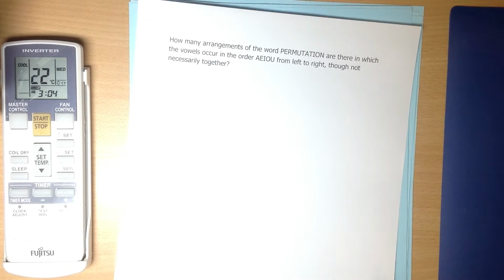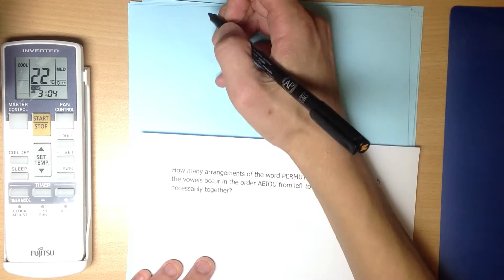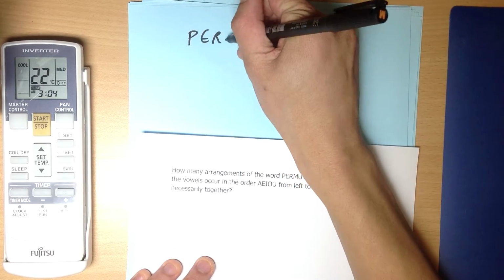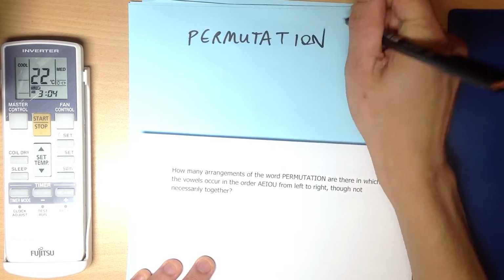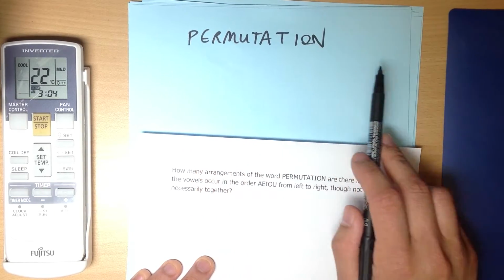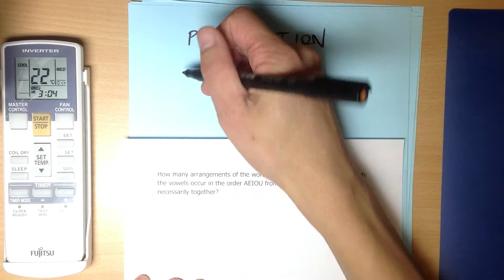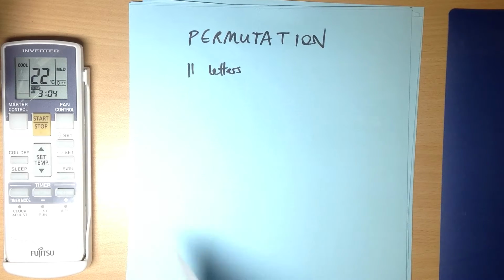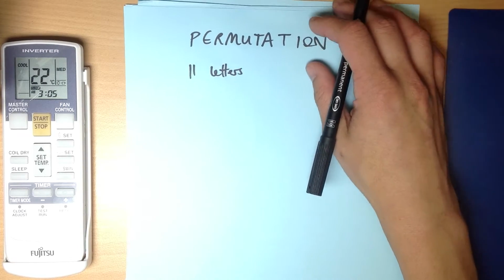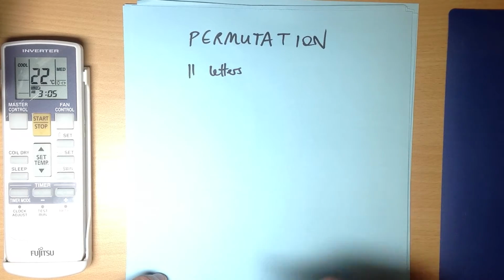So here we go. The word permutation, let's just think about that for a second, before you think about the vowels. The word permutation has 1, 2, 3, 4, 5, 6, 7, 8, 9, 10, 11 letters. So the first thing I would set out is that, forgetting about what the letters are and any conditions on them, I'm going to add conditions as I go.